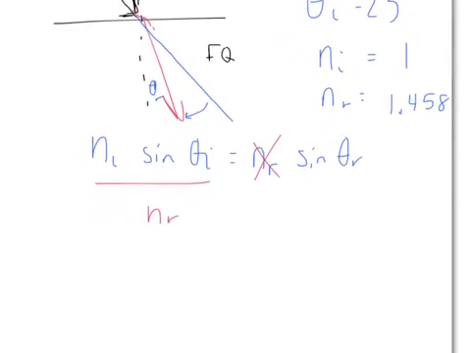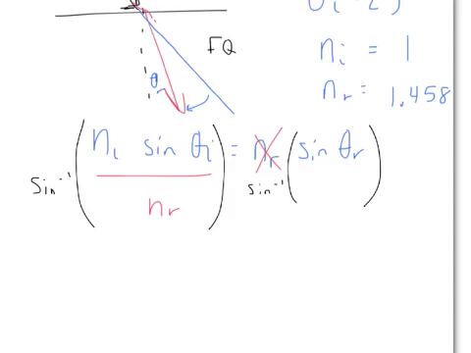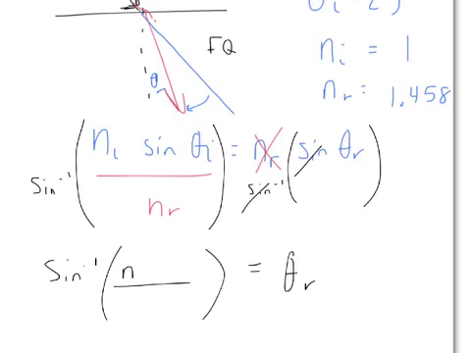This is going to be a little bit weird, but here's what you do. You write sine to the -1 of the whole thing on both sides. Sine to the -1 and sine, in essence, cancel each other out, even though they don't really cancel. They're inverse functions. So theta r is the sine -1 of this entire thing. I recommend that you do the product and the quotient first on the inside, and then take the sine inverse of that answer.